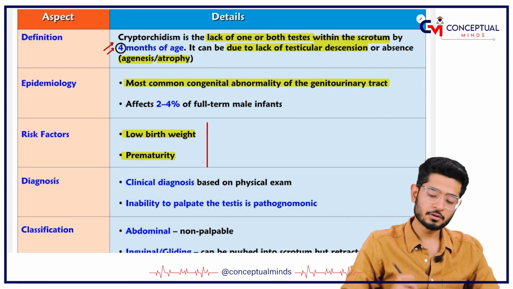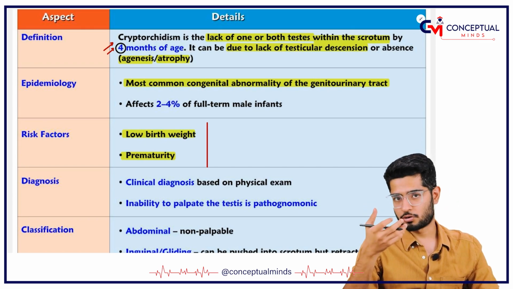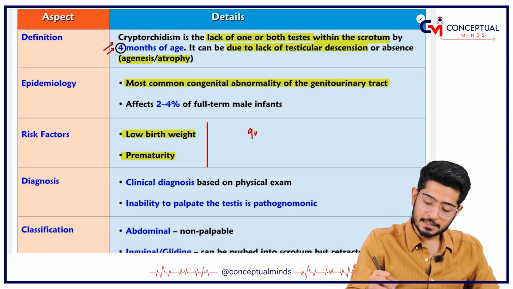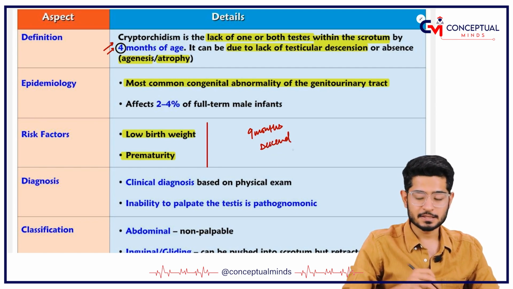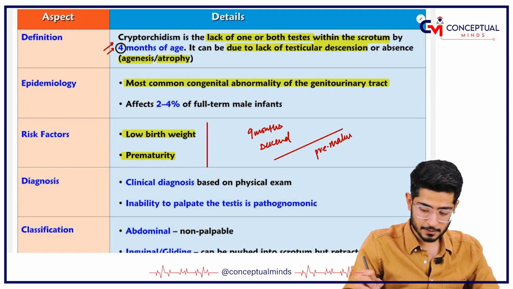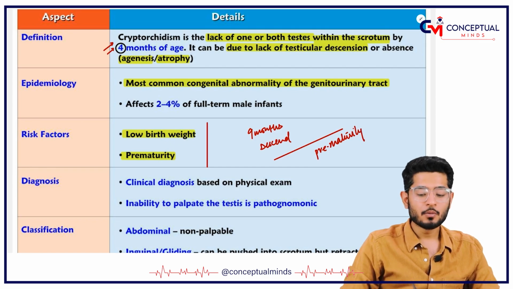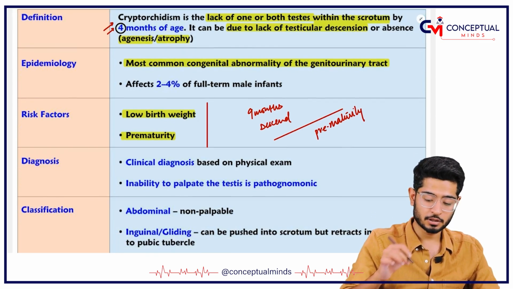Descent of the testis takes 9 months to complete. But if the child is prematurely born, the descent is not complete and the child is going to have cryptorchidism.